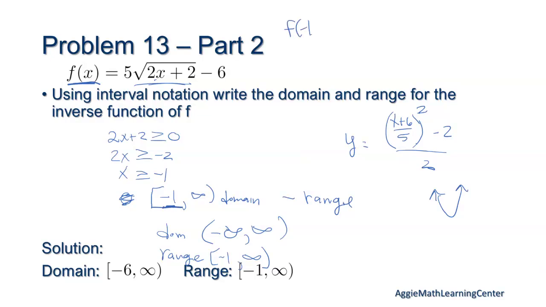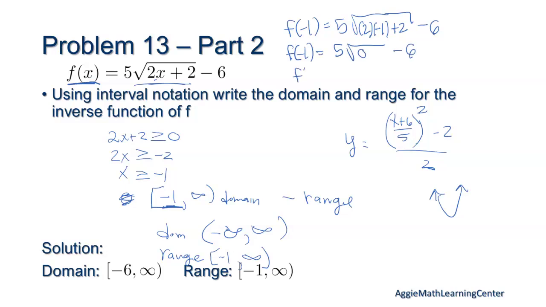F of -1 is equal to 5 square root of 2 times -1 plus 2, all of that minus 6. Okay, so we evaluate and we find that the inside part, 2 times -1 is -2, -2 plus 2 is 0.